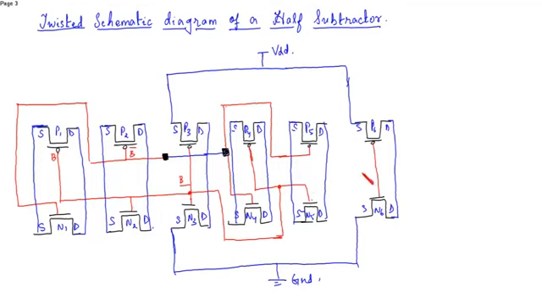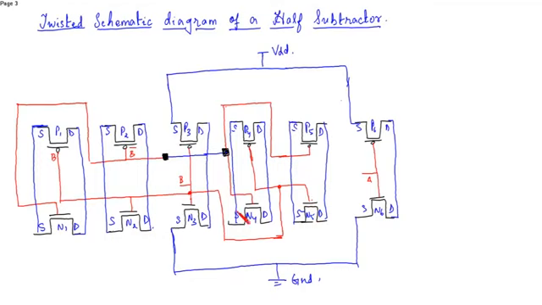Now this is A. This is A bar. So this A is connected with this, and A bar is connected with this. So now how will we connect?